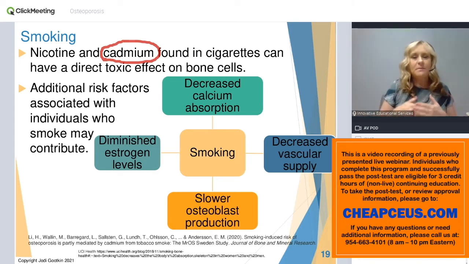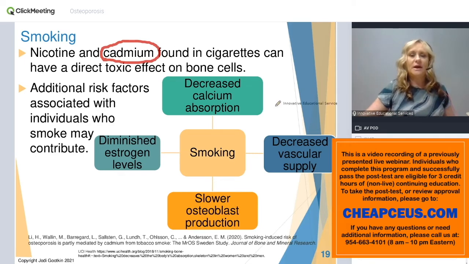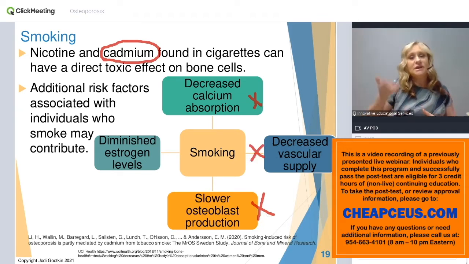And they looked at their medical record results, and they did urine samples for the amount of cadmium in their blood. And they found that those that had high cadmium levels from the smoking also had lower calcium levels. They have recognized in the research that there's slower osteoblast production, as well as a poor blood supply to the bone, and they were seeing increased development of osteoporosis in those individuals.